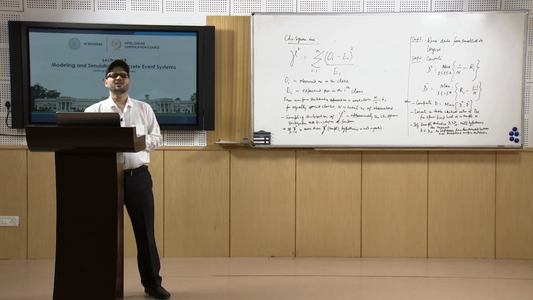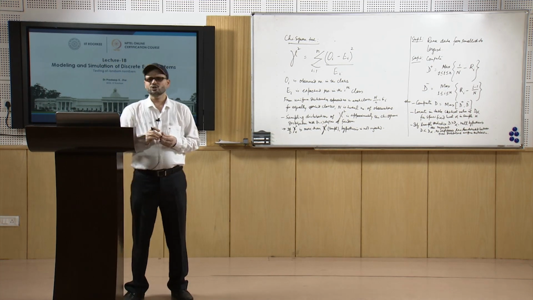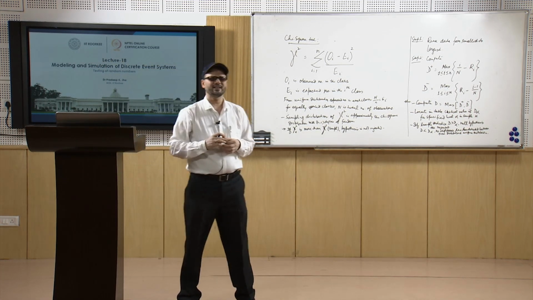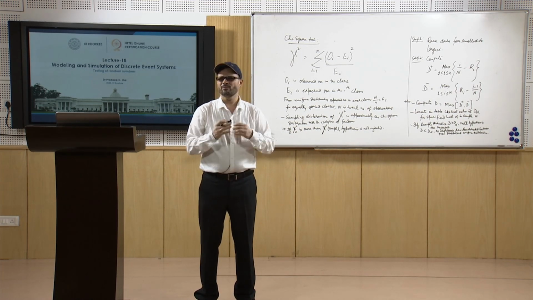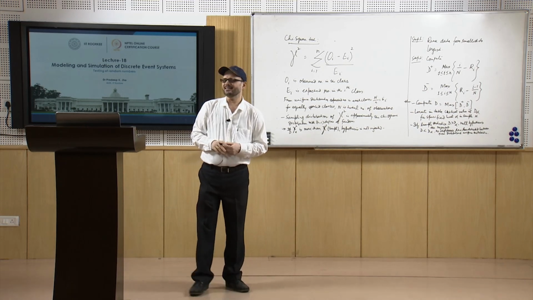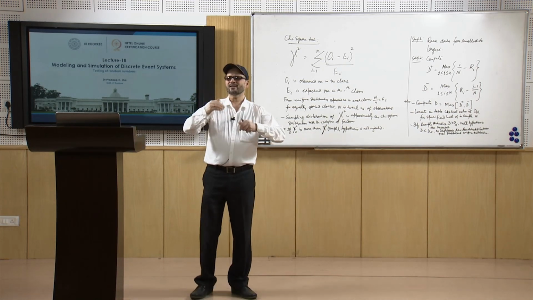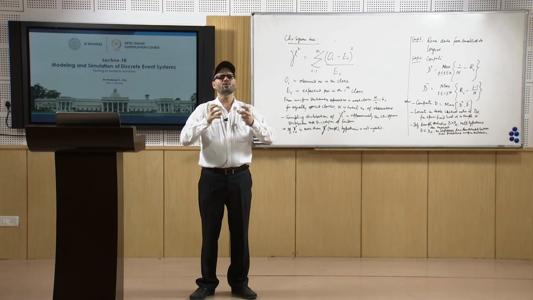Next is the autocorrelation test. These two tests which we have seen are related to checking uniformity. Now we will see how we can conclude that the numbers are not correlated.